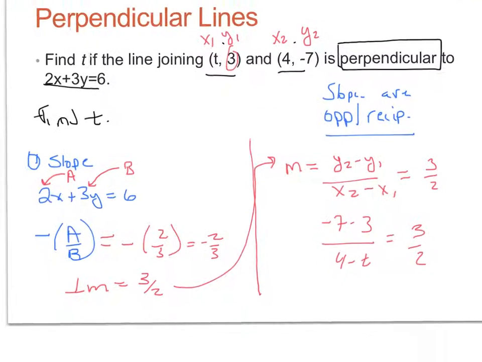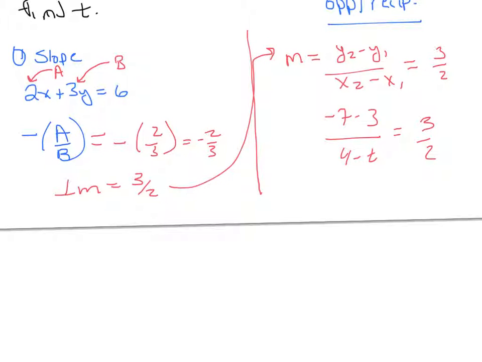As you notice here, we have a proportion. I'm going to go ahead and real quick simplify. Negative 7 minus 3 is negative 10, all over 4 minus t is equal to 3/2.